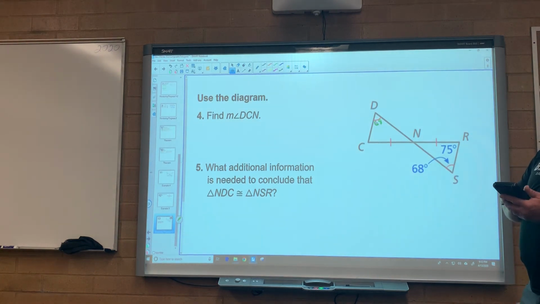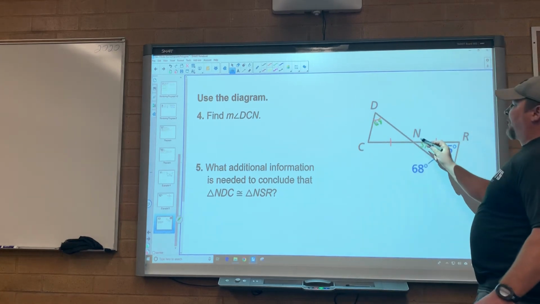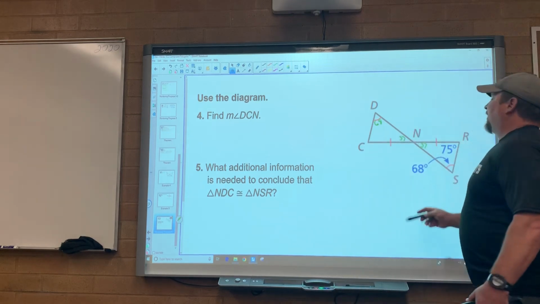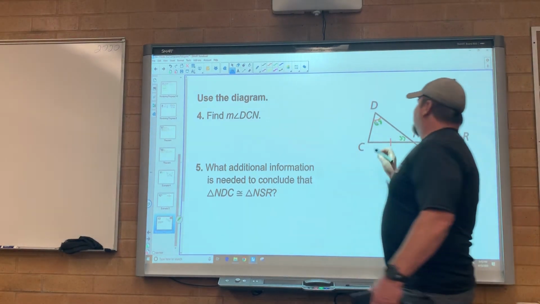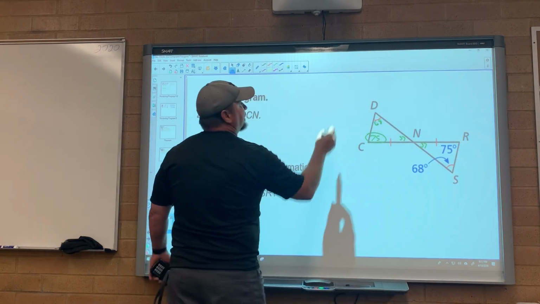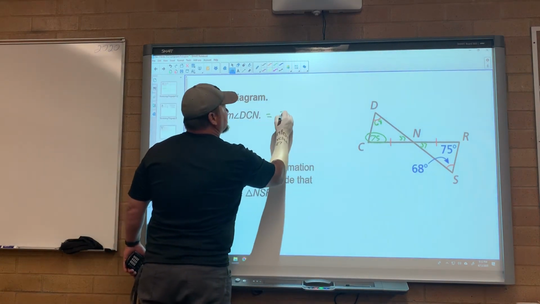So I'll subtract 75 and 68 from 180, and I get 37. So this angle is 37 by vertical angles. And if I already have two angles that match two angles over here, then this one has to match the 75. That's the one I wanted. Angle DCN equals 75.